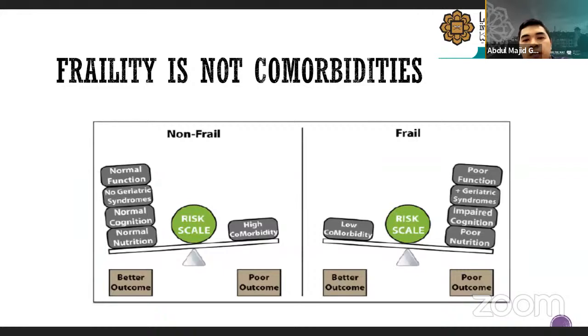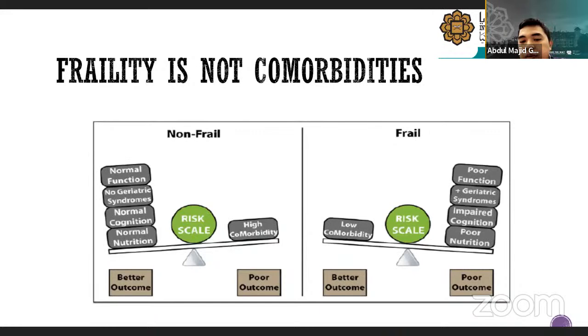So comorbidities and frailty are not the same thing. Comorbidities is actually a set of diseases associated with the person. Frailty is a general function of the patient. So even though you have high comorbidities, if a person is not frail, has normal function, no geriatric syndrome, normal cognition, and normal nutrition, the person has a better outcome post-operatively.